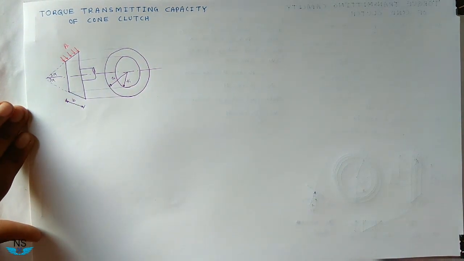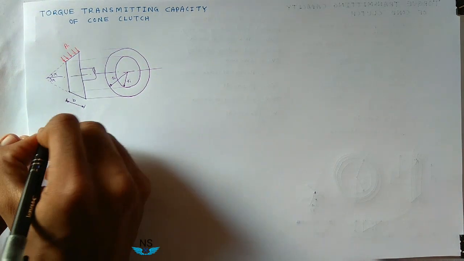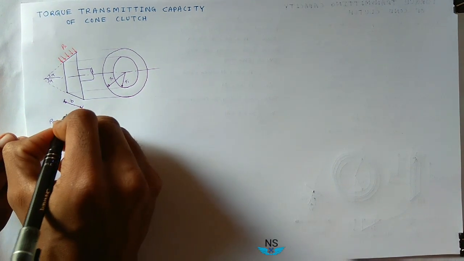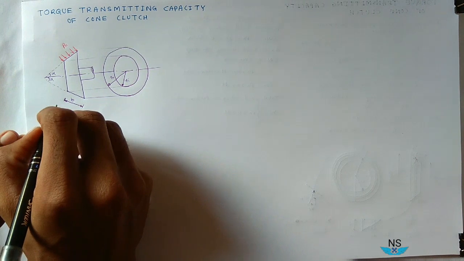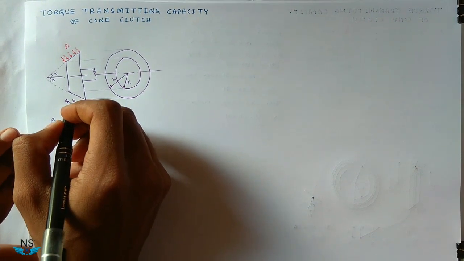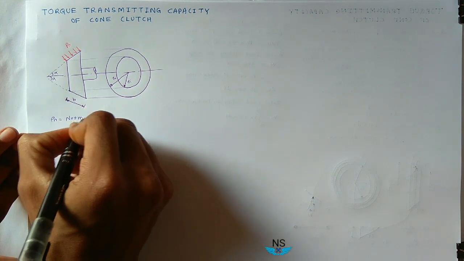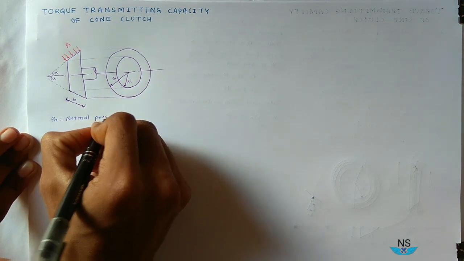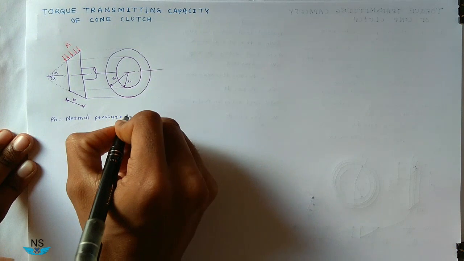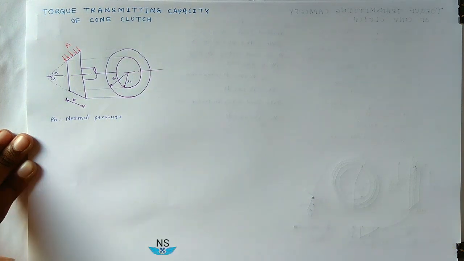Pn is the normal pressure between contact surfaces.